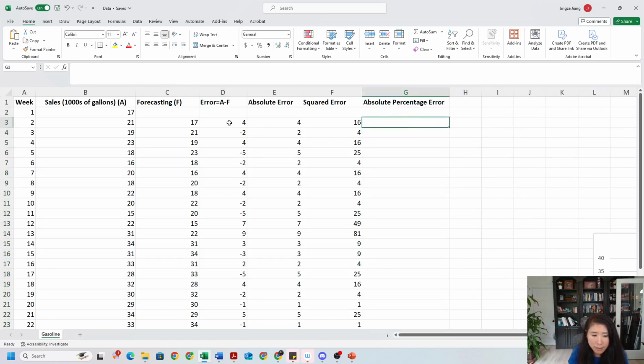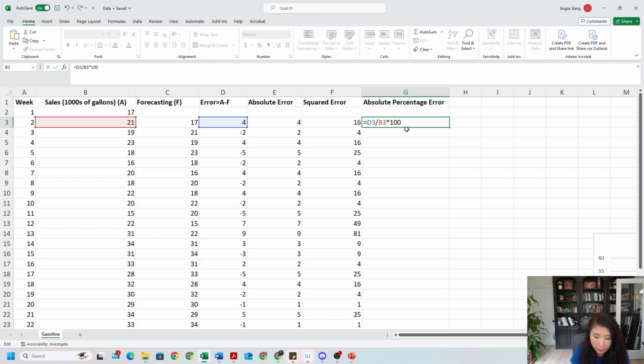Basically, we use the error and look at what percentage of the actual value our error is. So we take the error term divided by the actual value, times 100, because we are converting to a percentage. And don't forget, we want an absolute value.